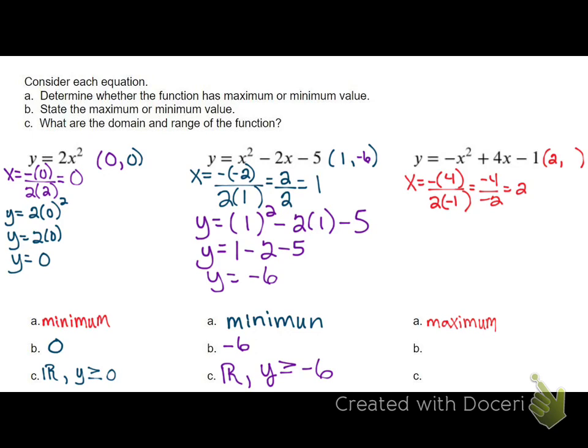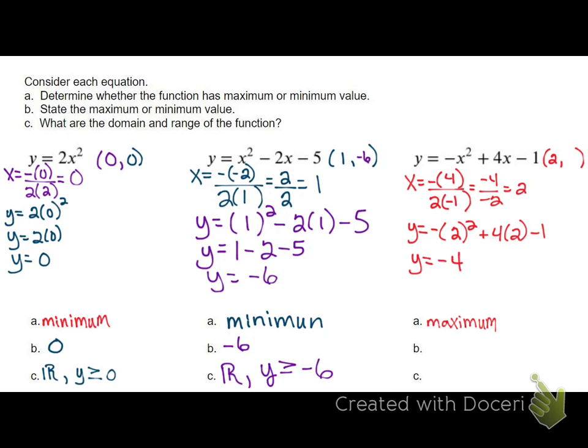So I just substitute for x. So I have y equals negative 2 squared plus 4 times 2 minus 1. Okay? So y is going to equal, now, it's negative parentheses 2 squared. So am I going to take negative 2 squared or 2 squared? 2 times 2, which is? 4. And then what do I have to bring down in front of that 4? Negative.